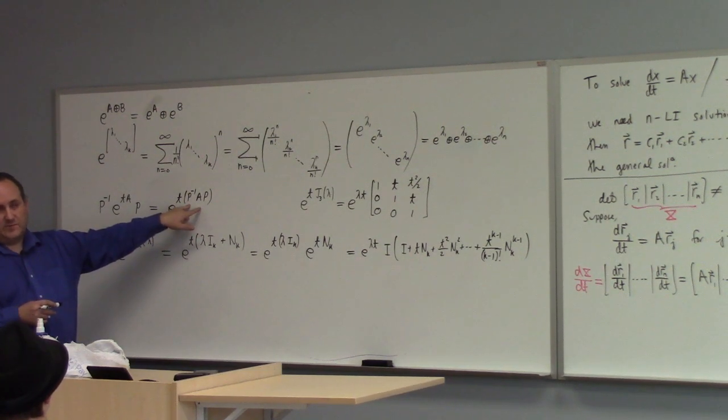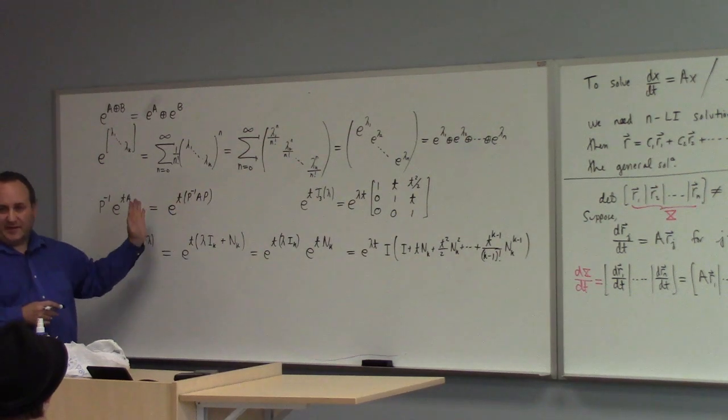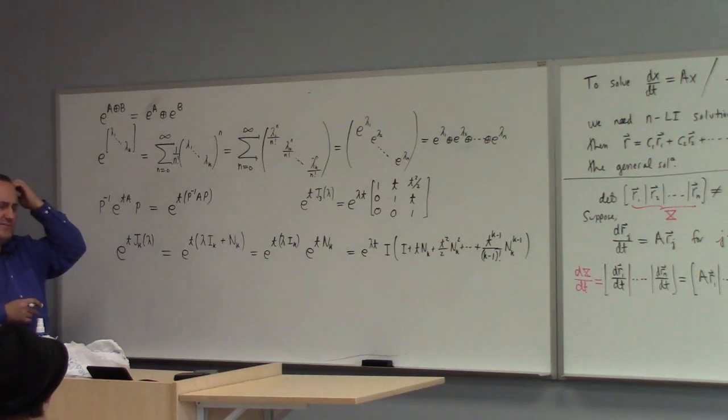Then you can use the real and imaginary parts of that solution matrix to get linearly independent column vectors, which are solutions to the original problem. I don't usually teach this material quite this way.